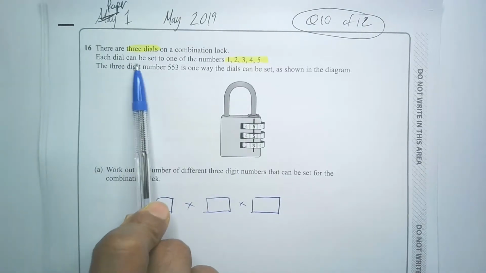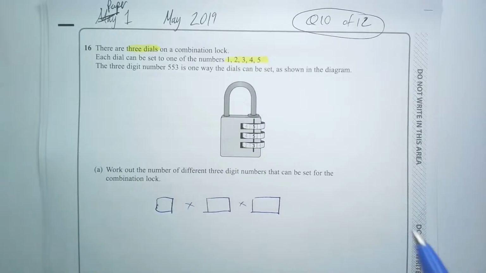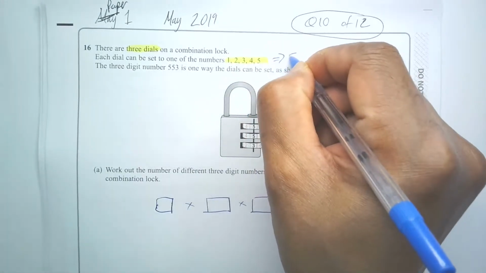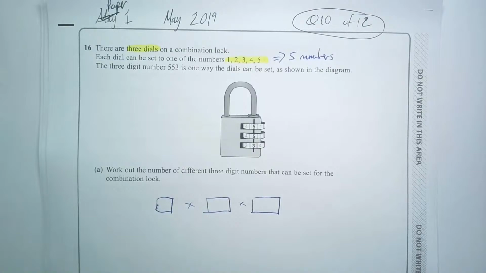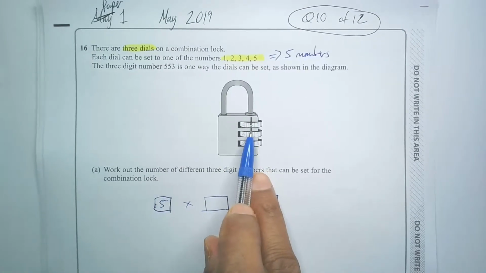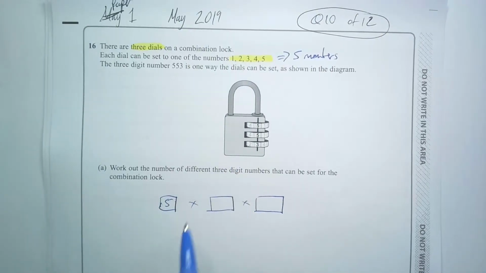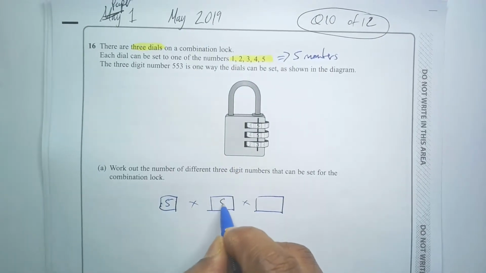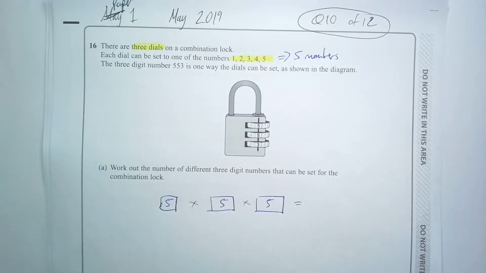Each dial can be set to one of the numbers 1, 2, 3, 4, 5. So there are 5 numbers here. So the first number can be any of these 5. The second one can also be any of these 5, and the third number too.